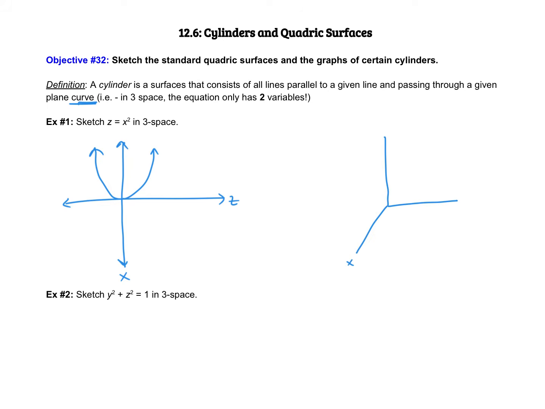So if we have our x, y, and z, this is not going to be the prettiest figure, but if you can picture, we have this xz parabola that is running parallel or along this y-axis.